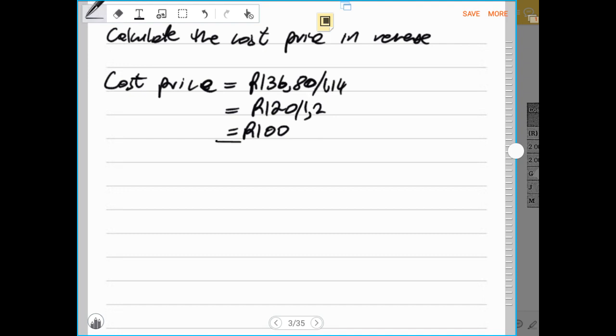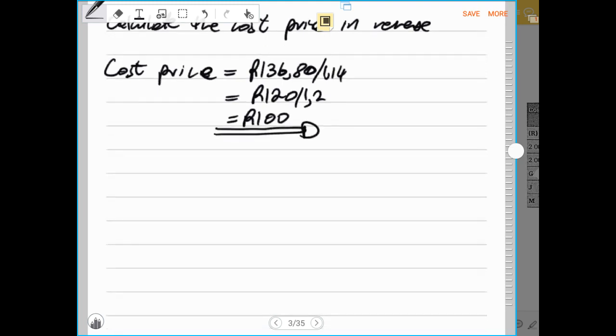So now we can still do that same method where we calculate our selling price first, and we say our selling price will be 136.80, and we multiply this by 100. We divide this by 114.